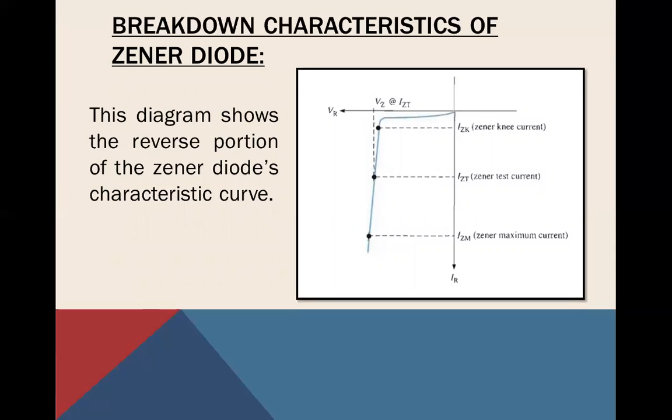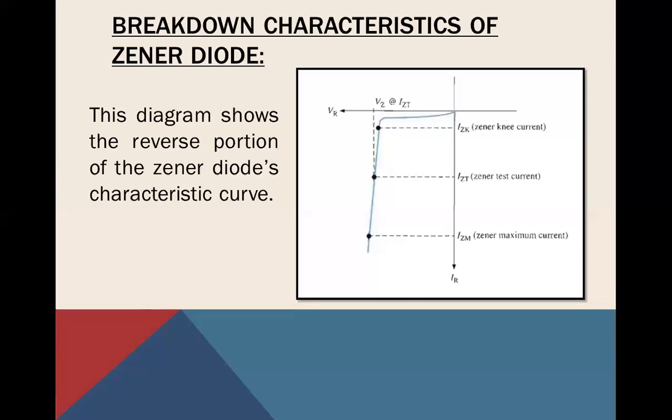We can see that as the reverse voltage increases, the Zener current increases in very small proportion up to the knee of the curve. It is also called IZK, the Zener knee current.